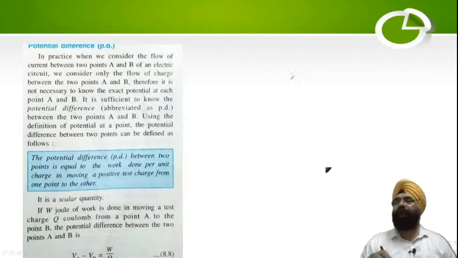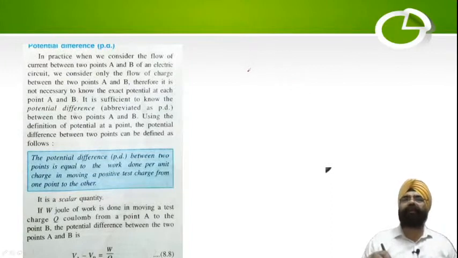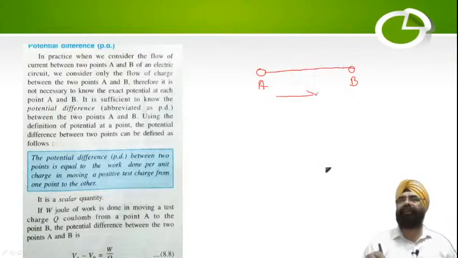Now suppose I have to make current flow through 2 points. I have point A and I have point B. Suppose this is a conductor and I want current to flow from A to B. So I don't need to know exactly what is the potential at A, and I also don't need to know exactly what is the potential at B. What can I know?